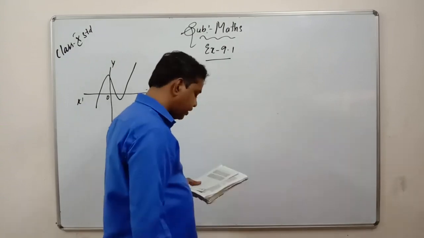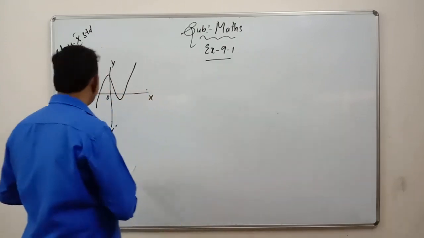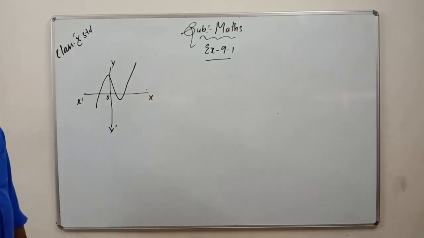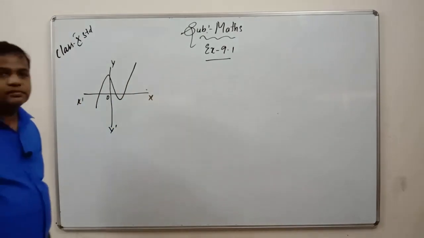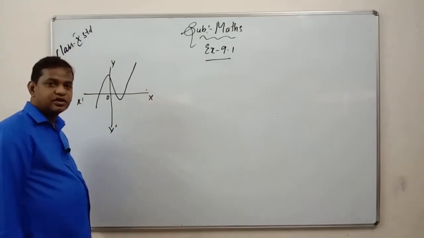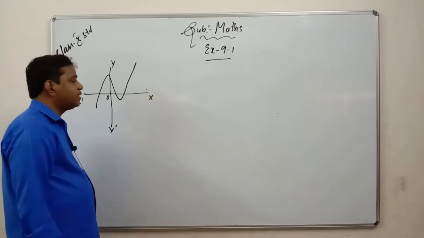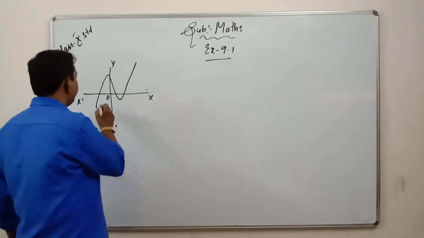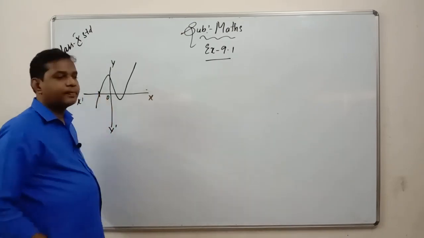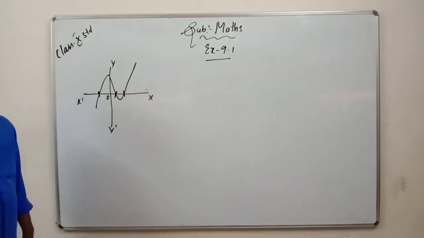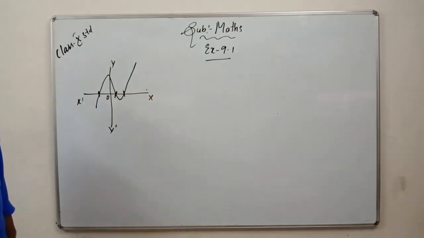So how many points is it intersecting? What are the zeros of the polynomial here? Can you say? In the first figure it was 0, in the second figure it was 1, and in the third figure how many zeros of the polynomial are there? Here the graph is intersecting the x-axis at 3 points. You can see here. This is the first point, this is the second point, and this is the third point. So the zeros are 3. The zeros of the polynomial are 3 now.